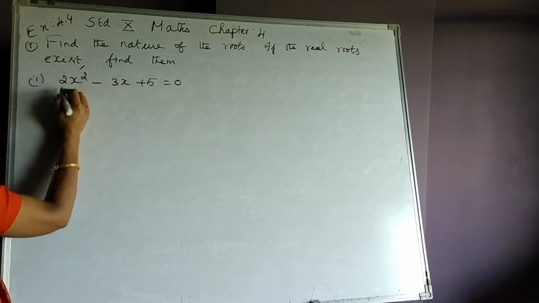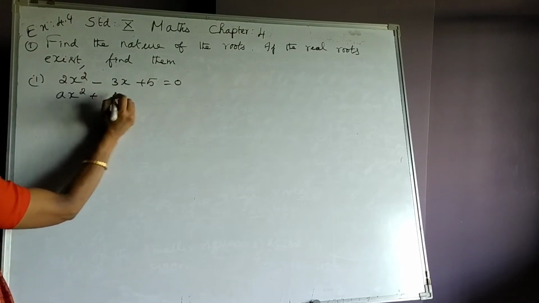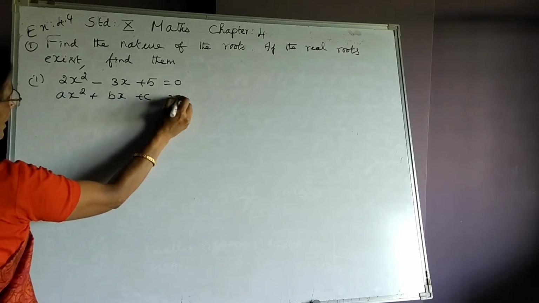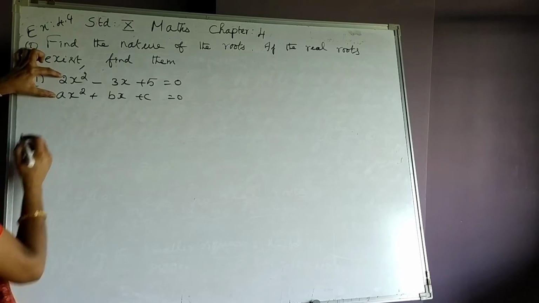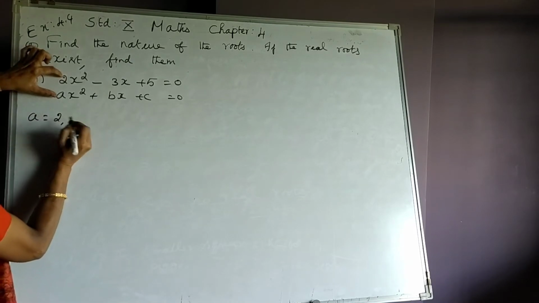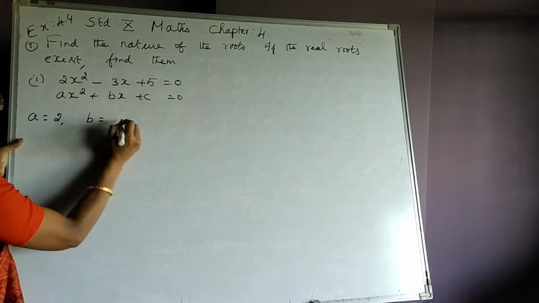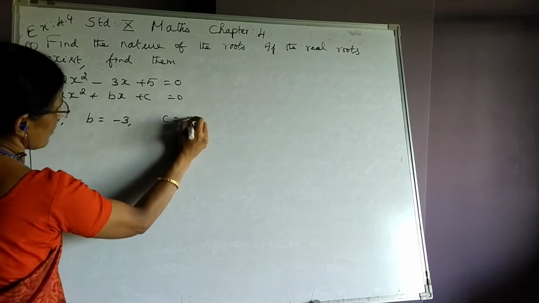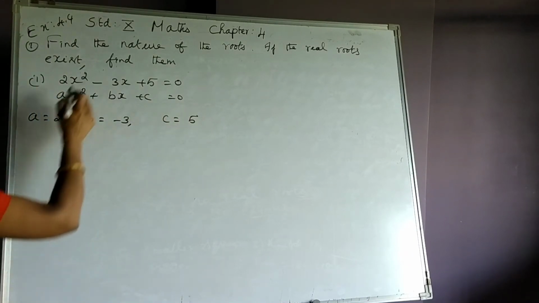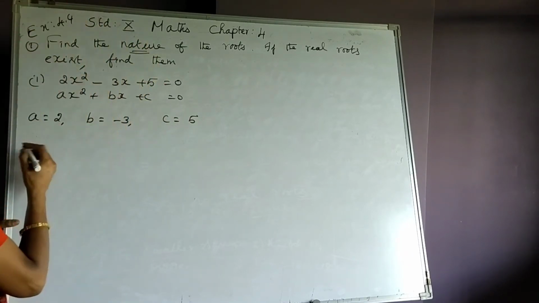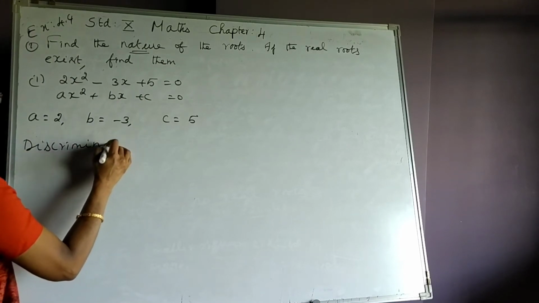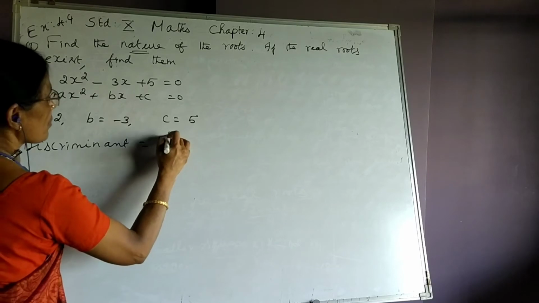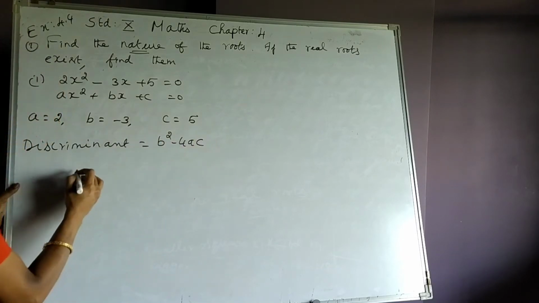Comparing this with the standard form of the quadratic equation, we can identify the values of a, b and c. Here a is equal to 2, b is equal to minus 3, and c is 5. Remember, to find the nature of the roots, we should find the discriminant, b square minus 4ac.